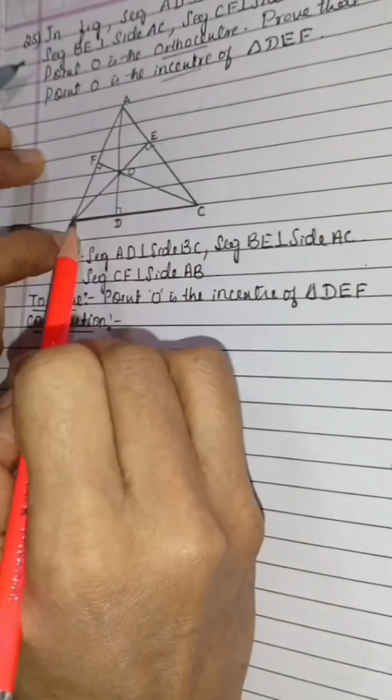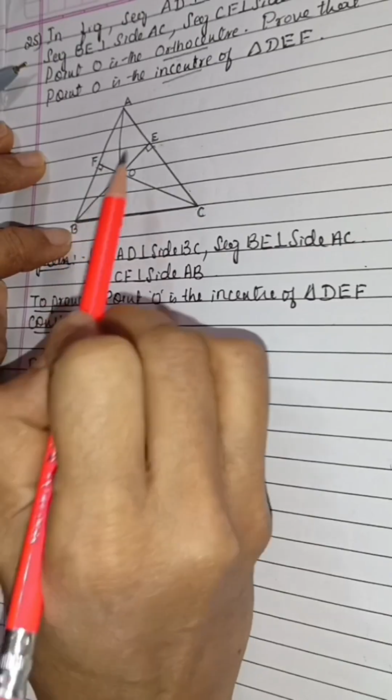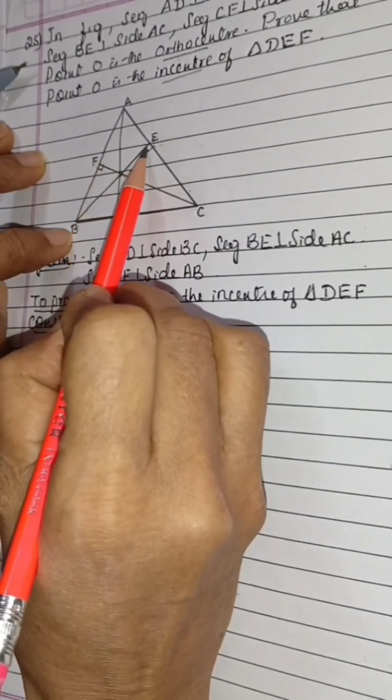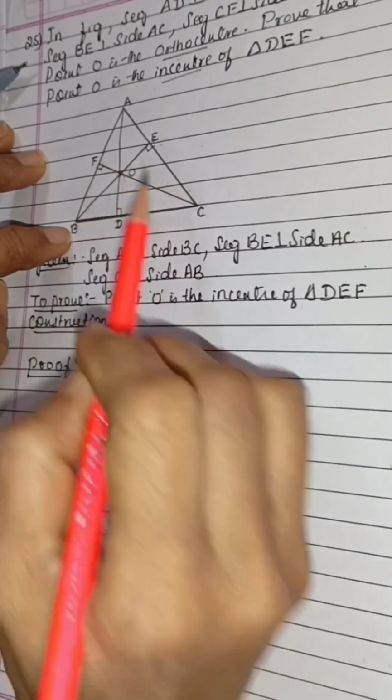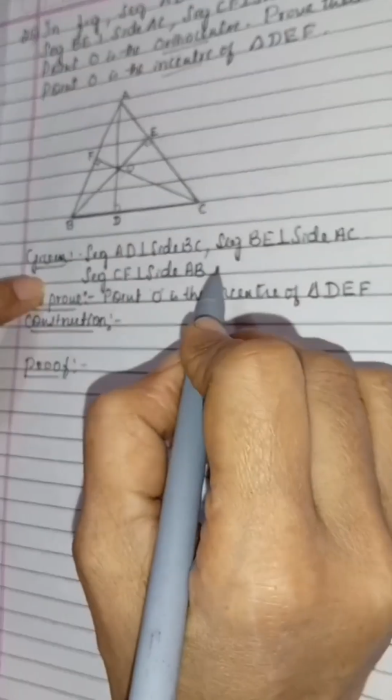See, in this, angle BFC equals angle BEC. Both are 90 degrees. This is from 1. See here, we wrote the given.